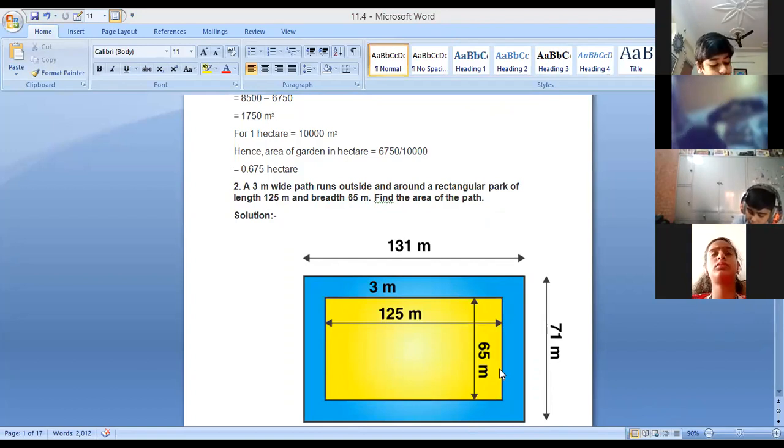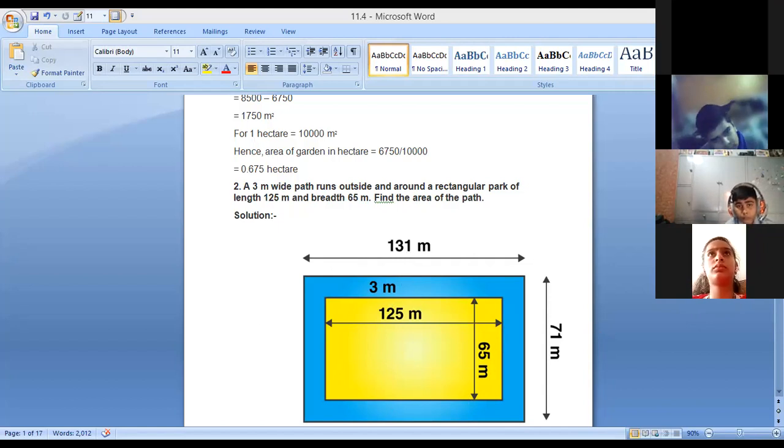Children, draw the diagram. The 3-meter wide path is outside it. So 3 meters plus 3 meters, 125 plus 6, that will be 131, the length of the outside of the path. 65 plus 3 plus 3 will be the breadth of the outside path.